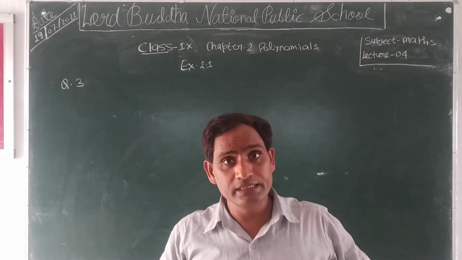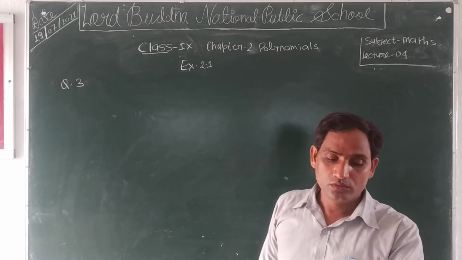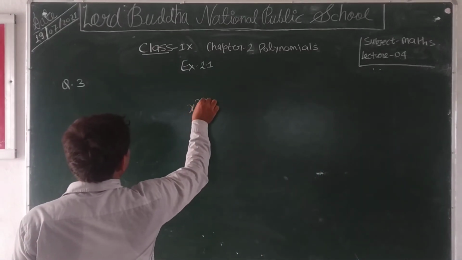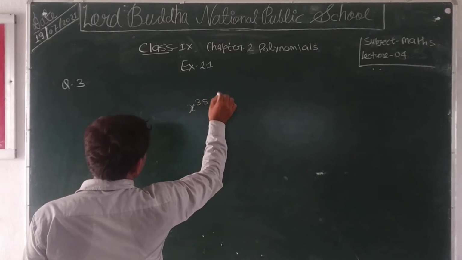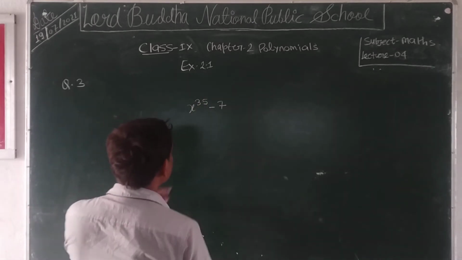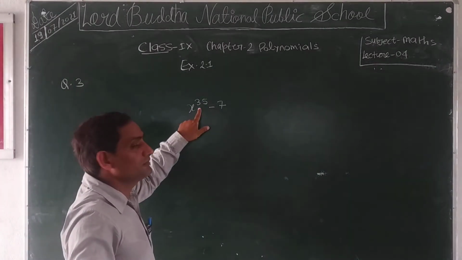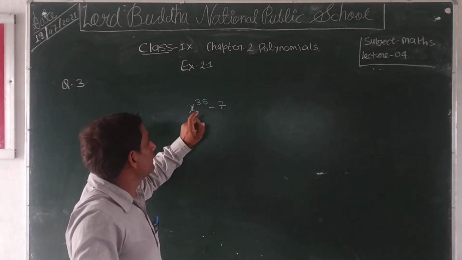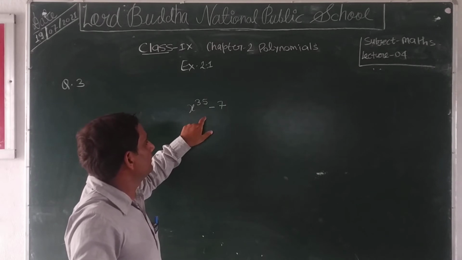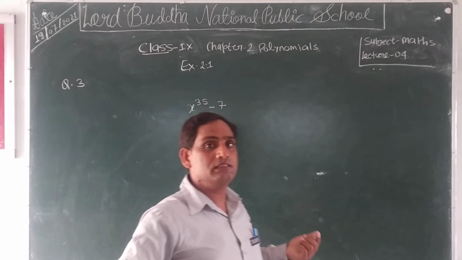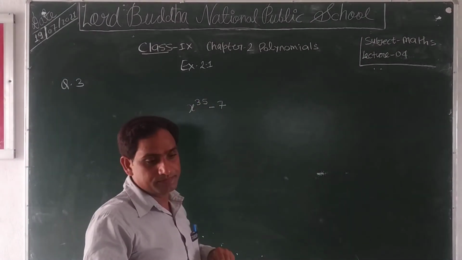Now we can write x power 35 minus 7. Here the highest power of variable in this polynomial is 35, means the degree of the polynomial is 35. Clear? And it's binomial because it has two terms.